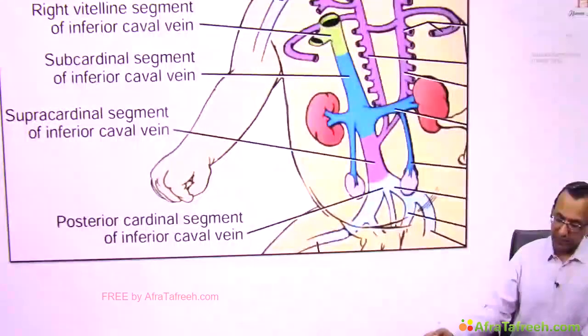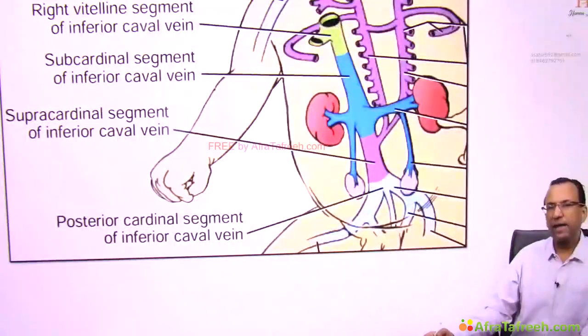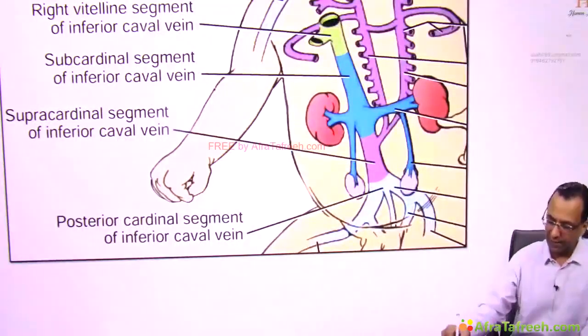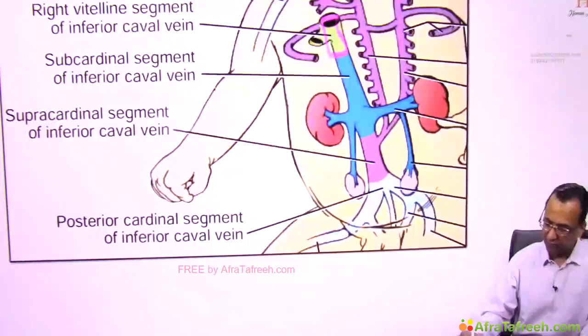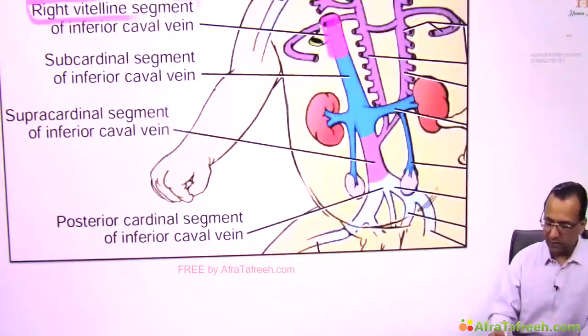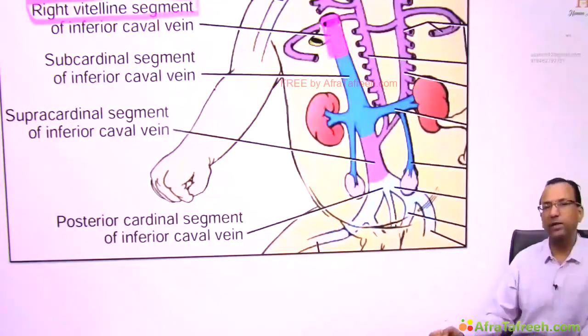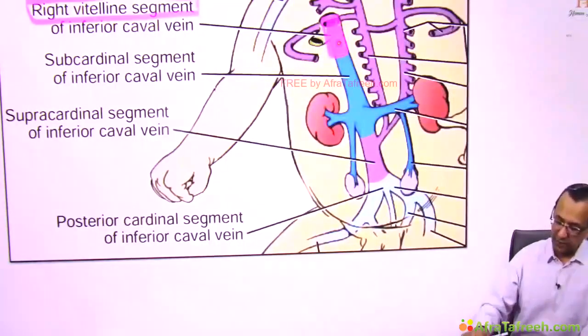As we look at the hepatic portion of the inferior vena cava, you will find that it is being contributed by the right-sided vitelline vein.